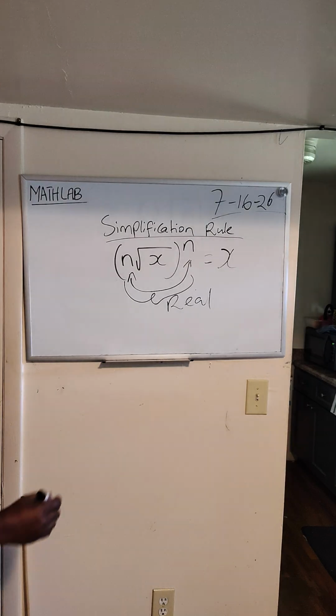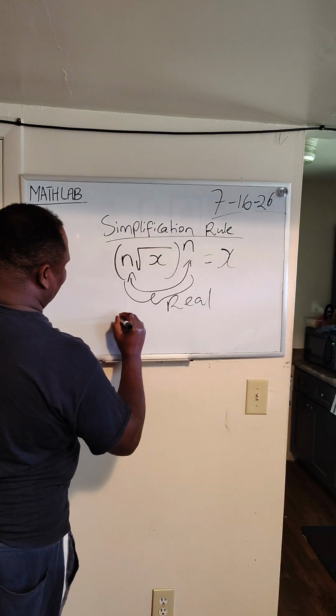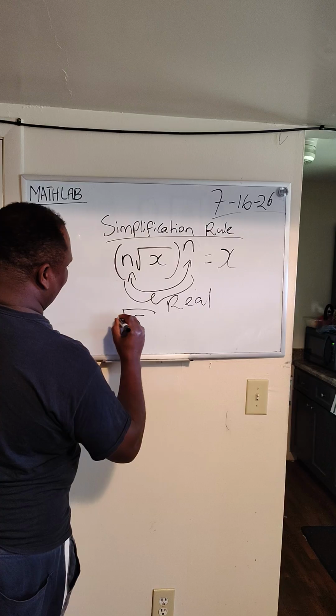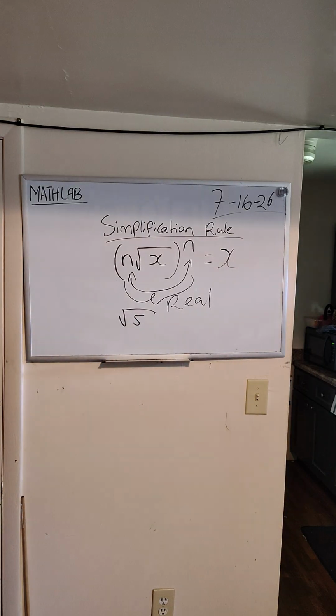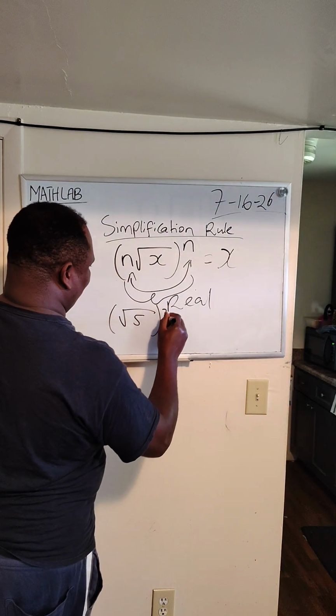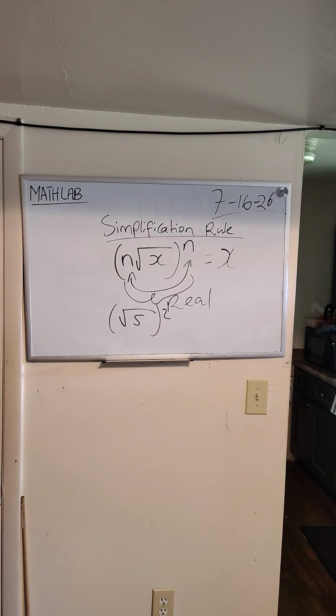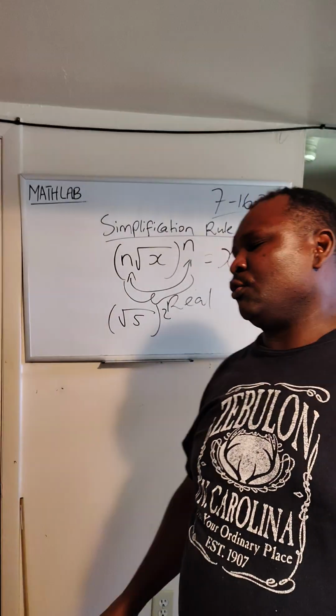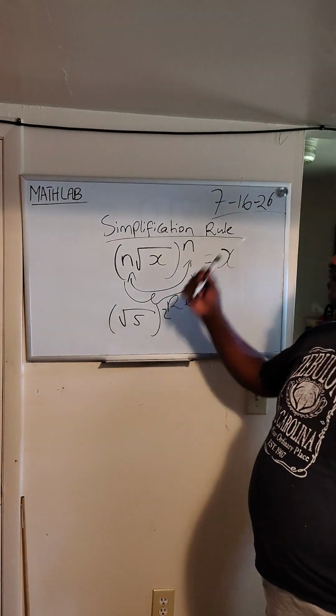The one with numbers would be something like this. We'll have under the root the number 5, and then in brackets, and then we're going to square it. Here we are going to look at the simplification rule.